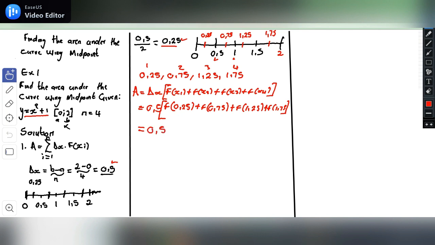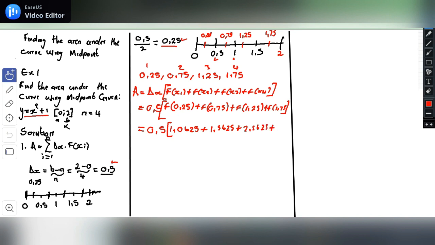Therefore, after doing that, for f of 0.25, we are going to get 1.0625. The second value is going to be 1.5625. The third value is going to be 2.5625.